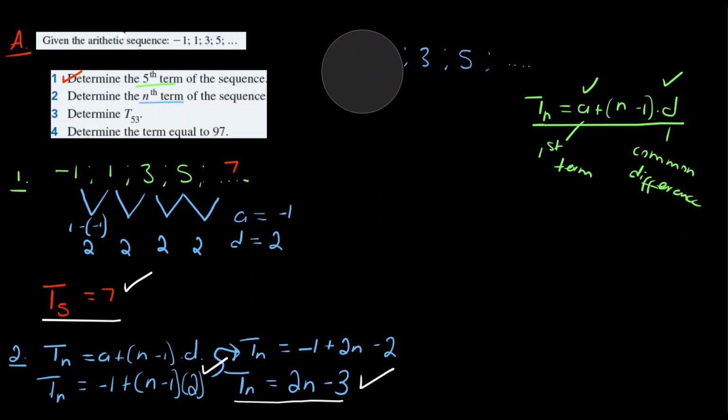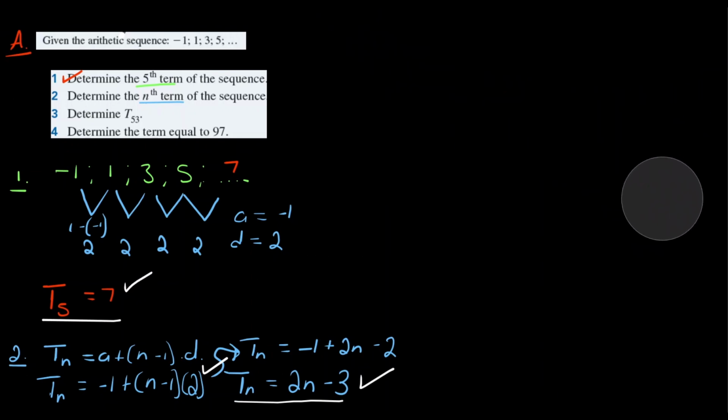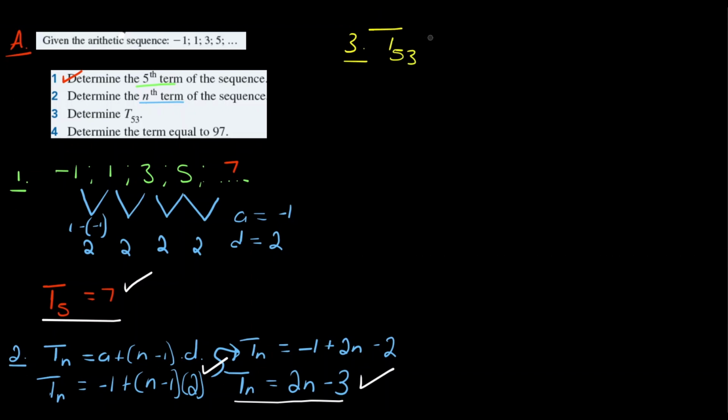It asks us to calculate another term. So number 3 is asking us to calculate T53, which means we need to find what term number 53 is. So remember, we have our general formula, or nth term. So we're just going to say T53.